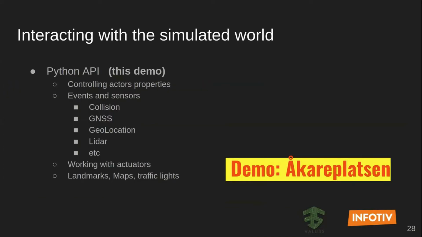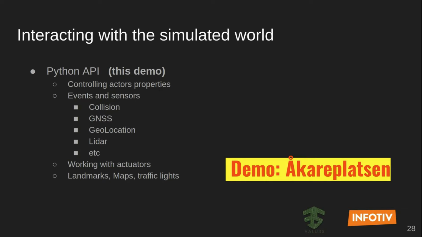And also, the simulator can interact with programming languages through a Python API, and I think a C API as well. You can control actors' properties. You can read and write event and sensor data.